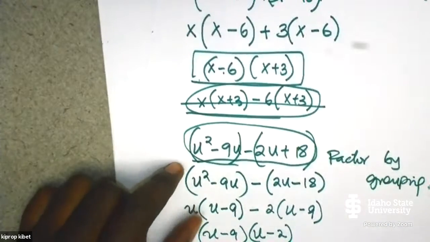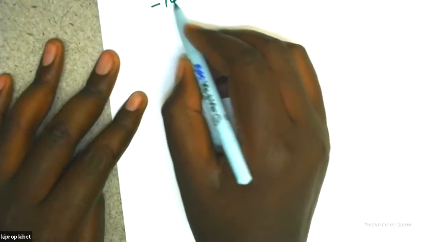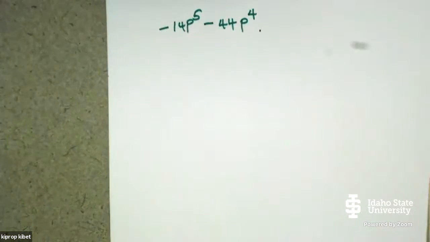Now, if there are 3 terms, for example minus 14p raised to 5 minus 44p raised to 4, and you're told to factor that, again using the previous part, we need to get the greatest common factor of each one of them, and then we factor it outside.